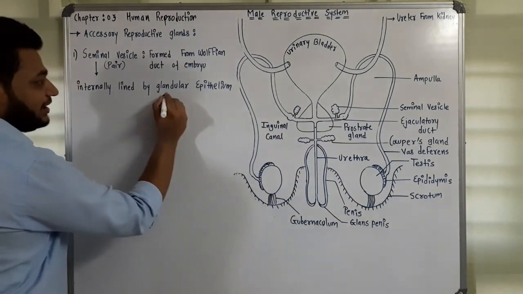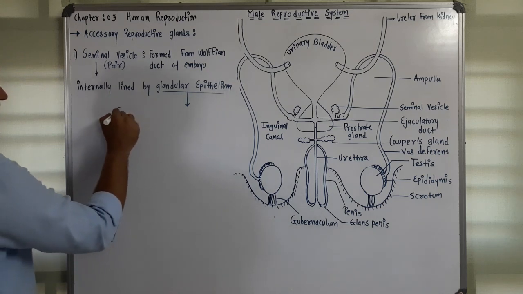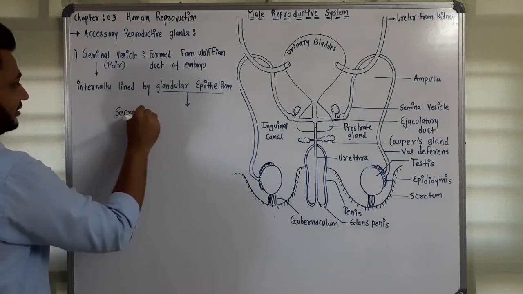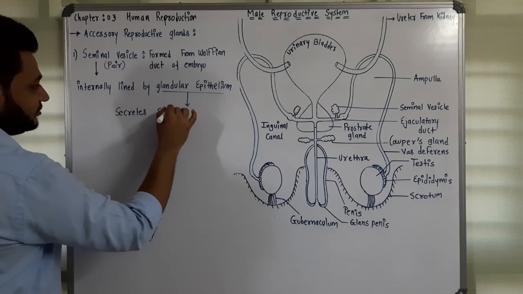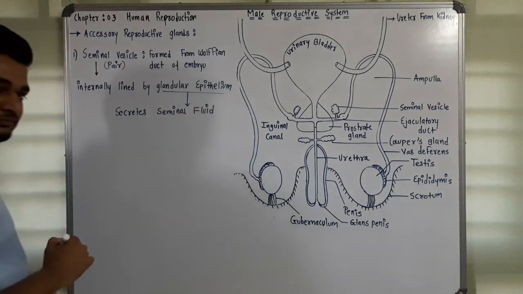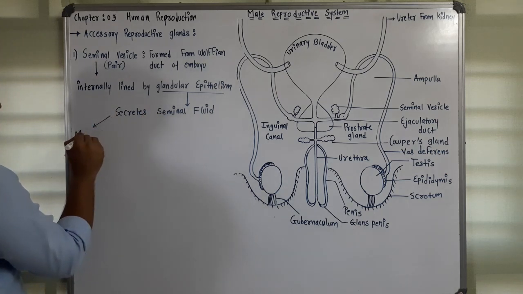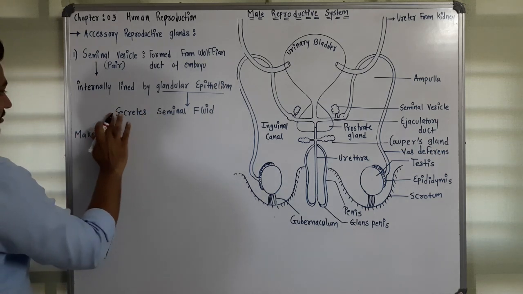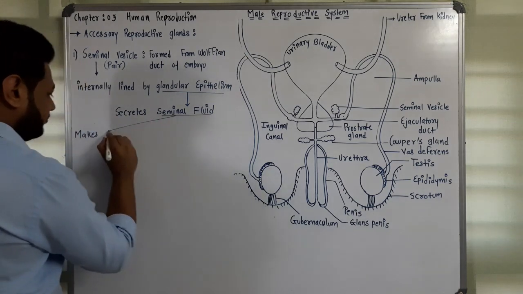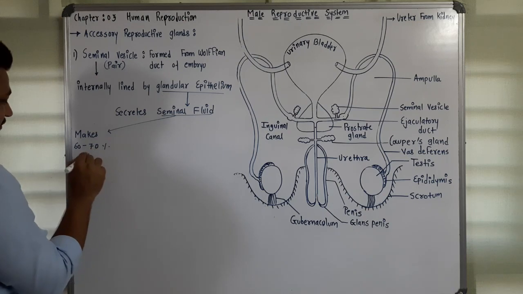This seminal fluid makes 60 to 70% of semen.